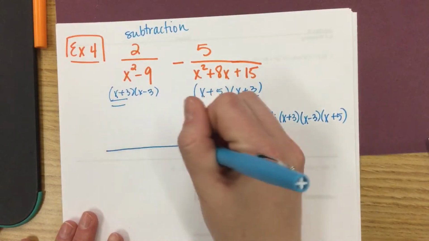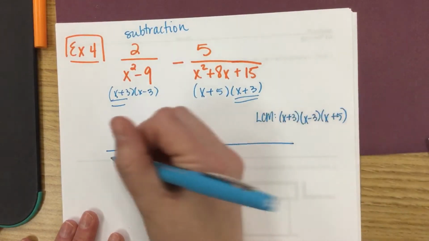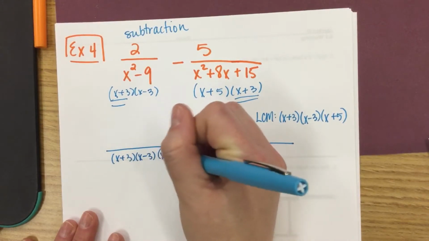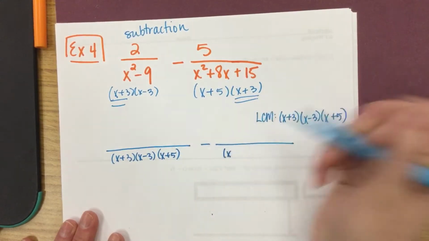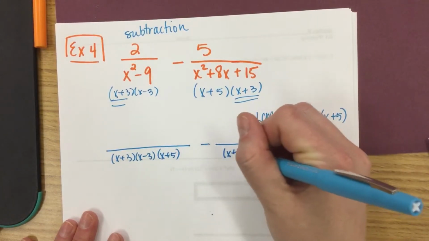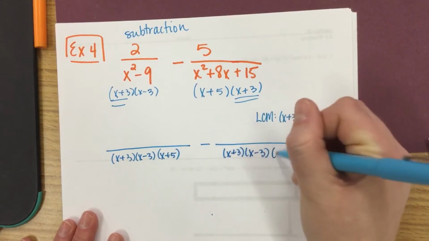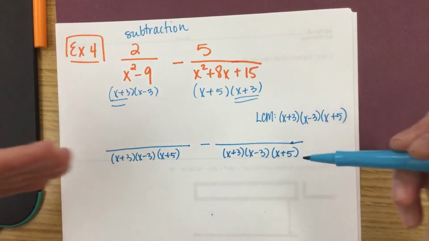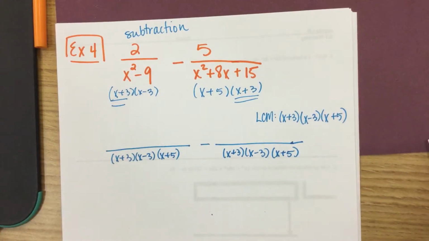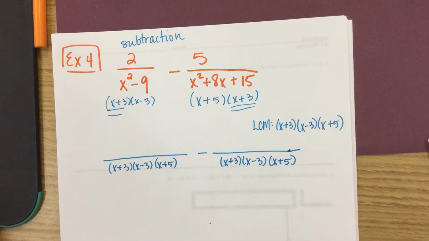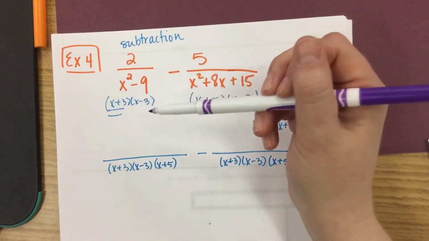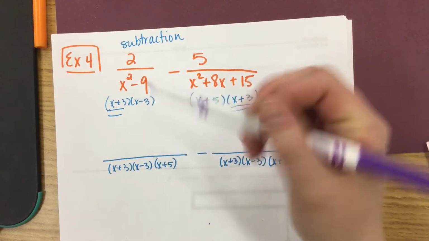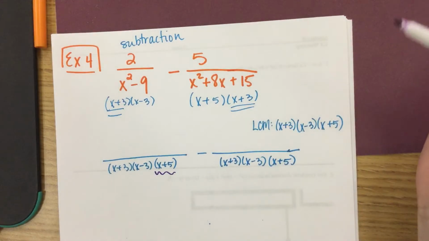So my LCM for both of those, and I like to write it like this because it gives me my goal. It gives me where am I going. So now I start to play the what's missing game. Well, x plus 3 times x minus 3 to this LCM, obviously that x plus 5 is missing.